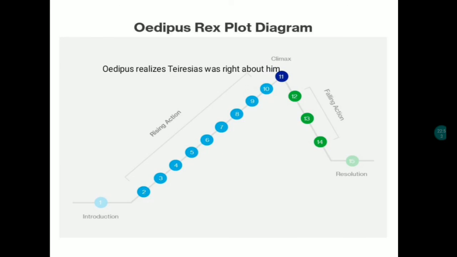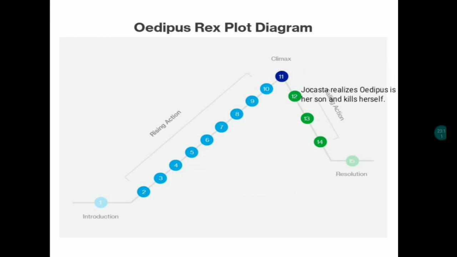Oedipus realizes Tiresias was right about him, and he is now shrouded with fear, and his fate is going to change.